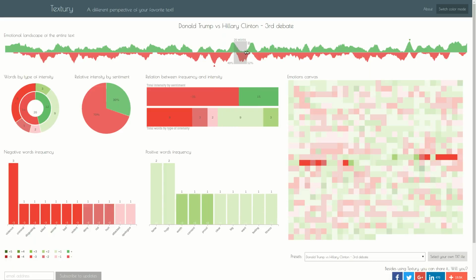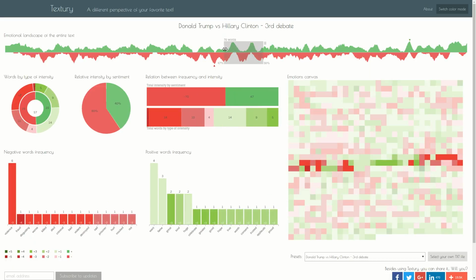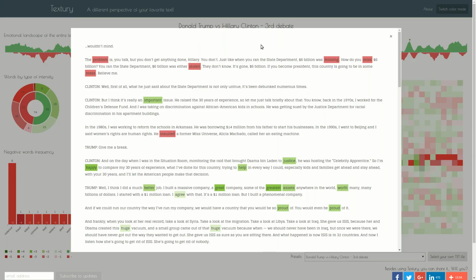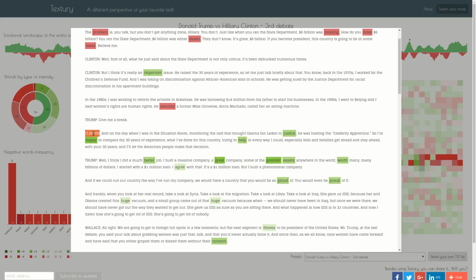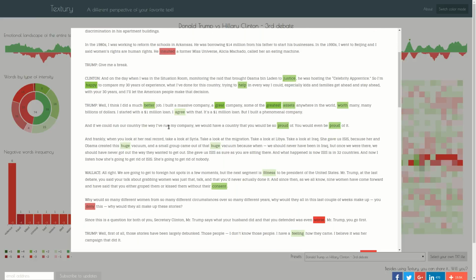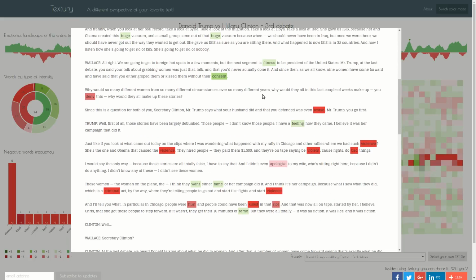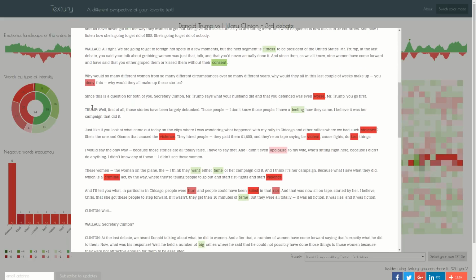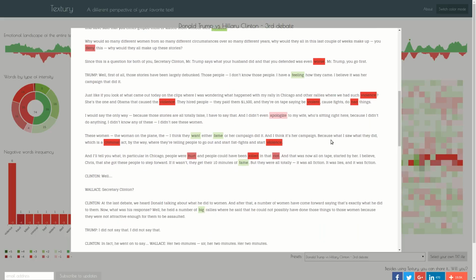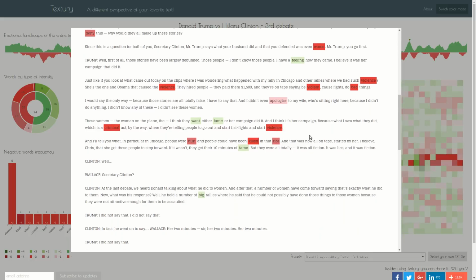And if we take a look at this side part of the text, let's analyze it. We have here Clinton, and she speaks more positive words, or tries to pass a positive emotion. Trump, on the other hand, speaks a lot about violence, bad things, criminal acts, and so on.